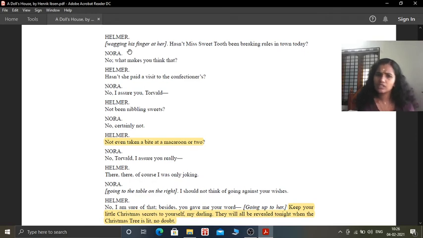Nora said, "Oh, no, I haven't bought any sweets today." Helmer asked, "Nora, not even taken a bite at a macaroon or two? Is that true?" Nora said, "Not at all, I assure you, really."